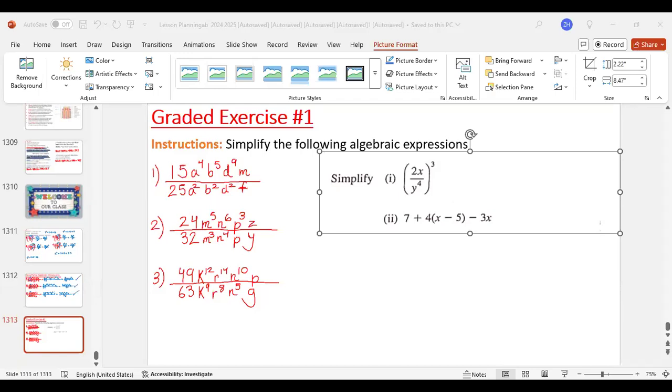Again, take a picture of your work and send it to me via WhatsApp. Excuse me, Mr. Petit, I'm done with the bonus questions.